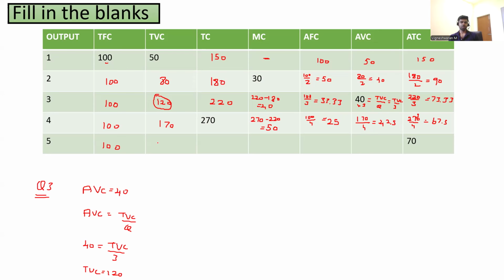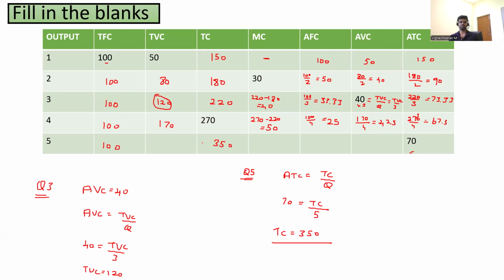Then how will we do this? Here they have given average total cost for Q5. So average total cost is nothing but total cost divided by quantity. So 70 is equal to total cost divided by 5. So total cost is equal to 350. Okay, so total cost is 350.